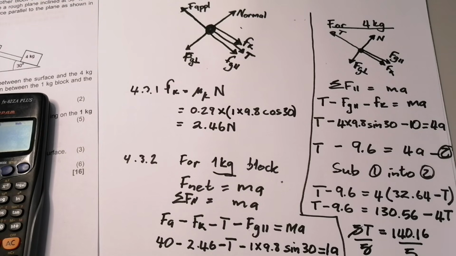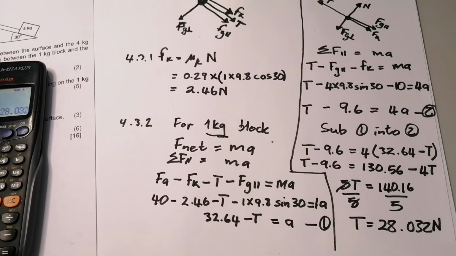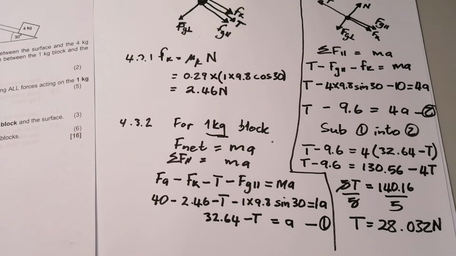So that's 130.56 plus 9.6. Yeah, so we divide that by 5 and we get a value. T is 28.03. Okay, you can say 0.032 if you want to be pedantic about it, right? So we get a value T is equals to 28.032. So essentially, yeah, that's how the cookie crumbles.